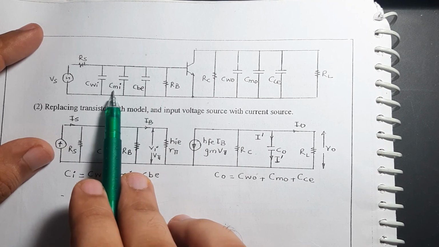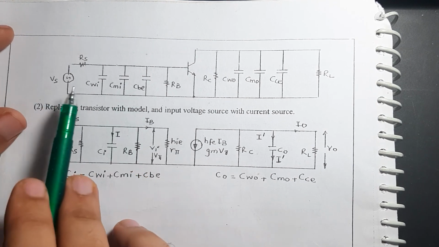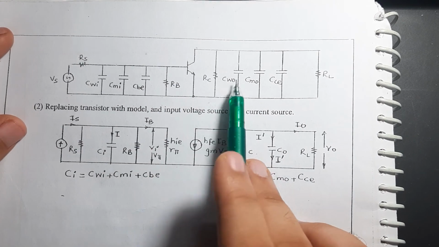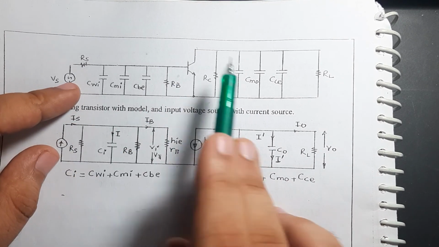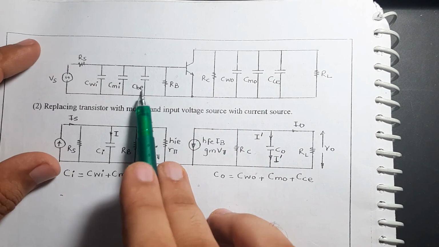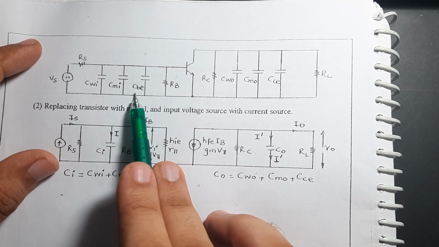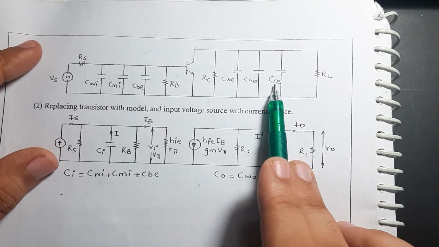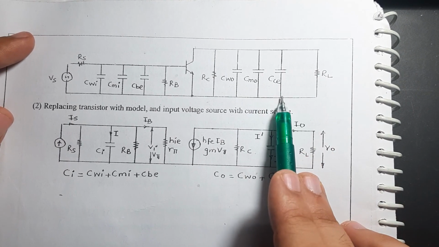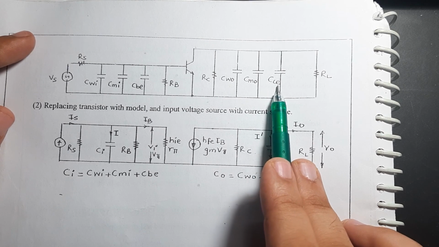Similarly we have the input Miller capacitance, which we just derived, and the wiring input capacitance, which we need to consider. Similarly on the output, if input wiring is there then output wiring will come, if input Miller is there then output Miller will be there, and if in the input there is a capacitor between base and emitter, similarly in the output there will be a capacitor between collector and ground.